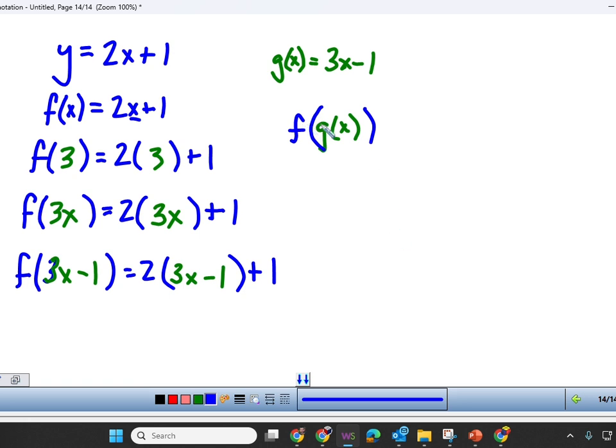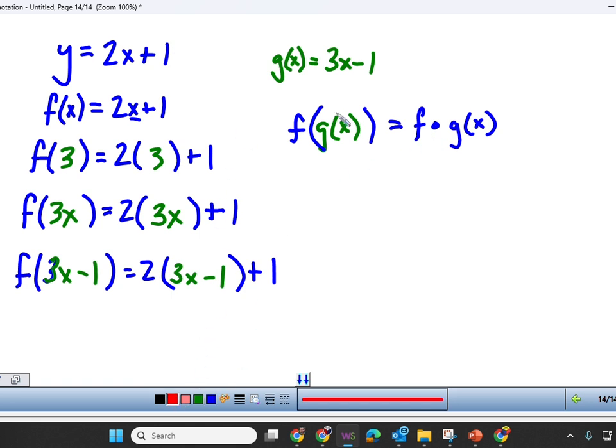So this is f of g. Another way of writing this is f of g of x, with a little circle. I know it's kind of hard to see. This is called a function composition.